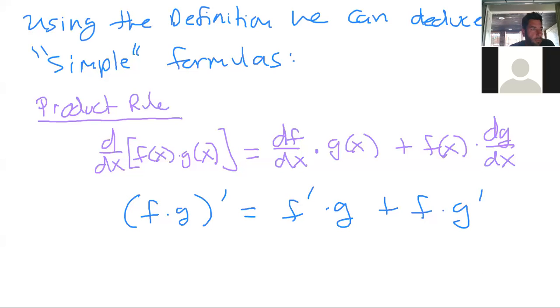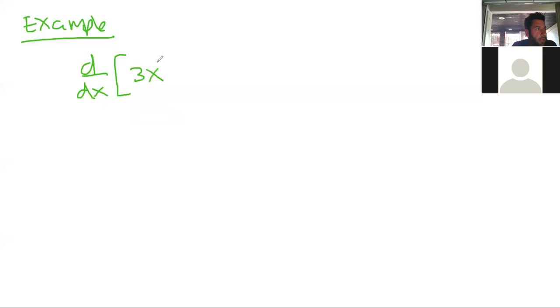So let's do an example of how we might use this. Suppose I want to compute the following derivative: 3x squared times the quantity square root of x plus 1 over x.